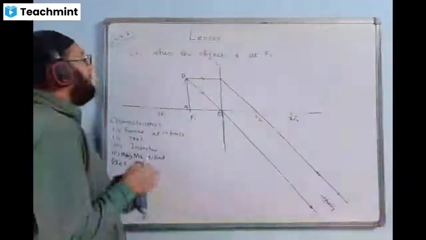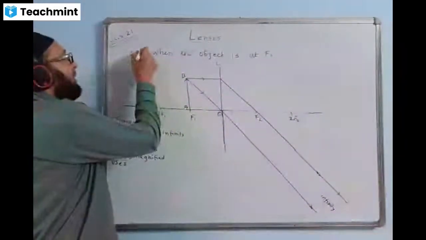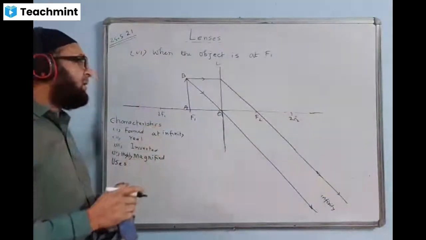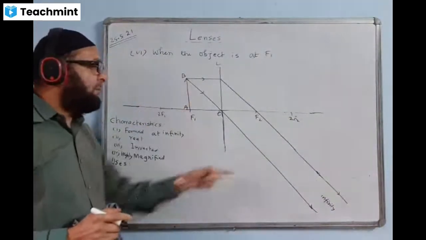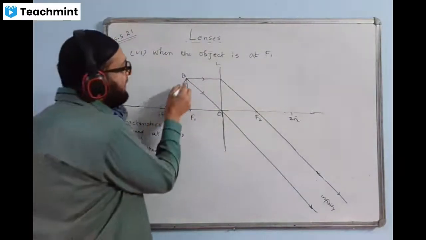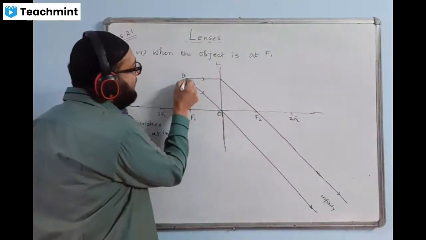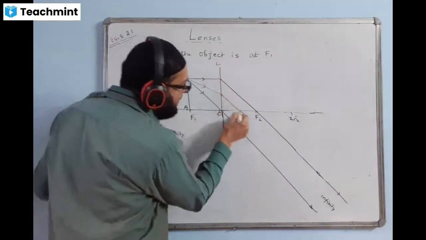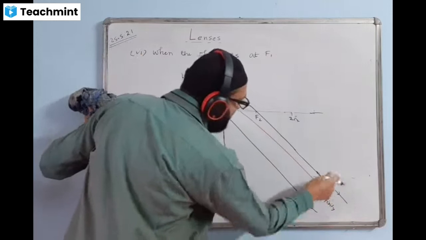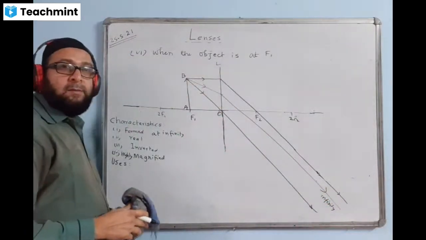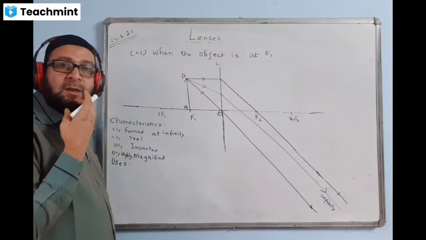Now the last case we are doing, case number 6. The third standard ray we cannot take through F1, it won't meet. So the third ray from this point we just take randomly. Suppose you want to take a third ray, then make it parallel. All will be parallel to one another. There will be no standard rays in this case.